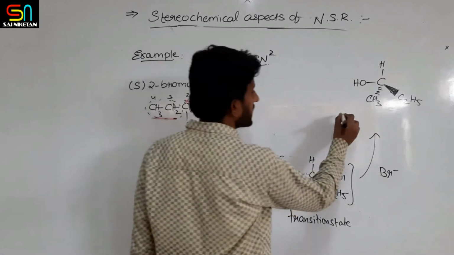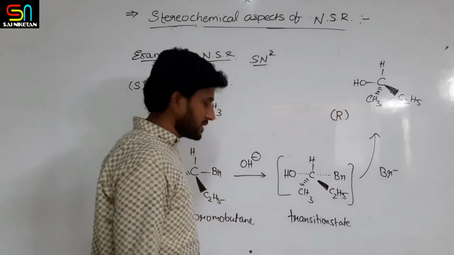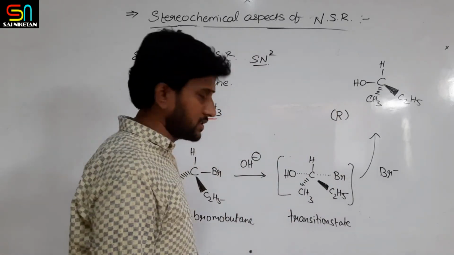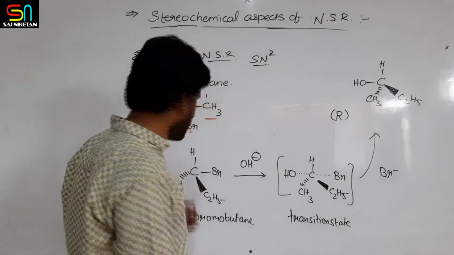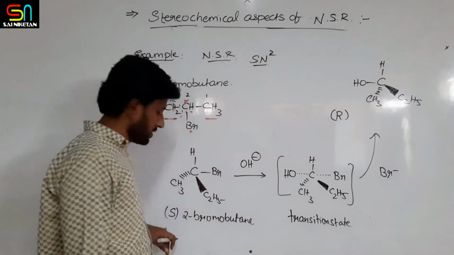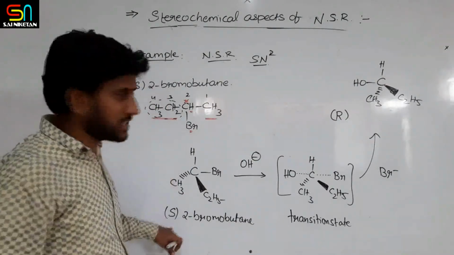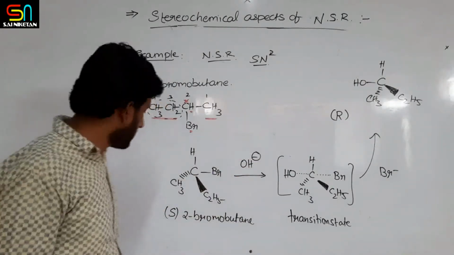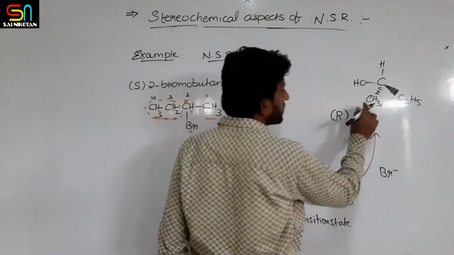Now what will be the name of this compound? It will be R. Okay, S and R are opposite configurations. S means sinister, R means rectus. Similar to dextro and levo, we have other configurations, relative configurations. S is sinister, R is rectus. Okay, now 2-bromobutane changed to, what is this compound now?